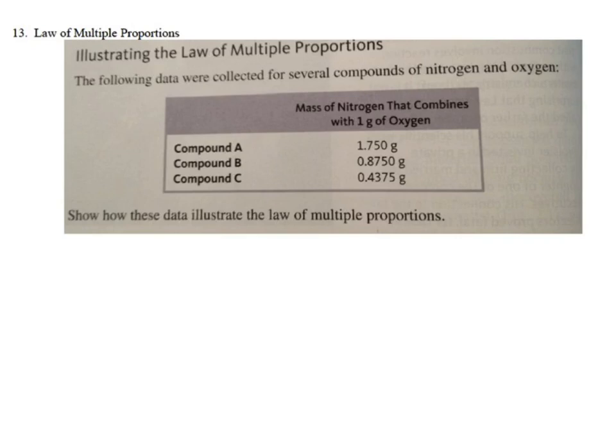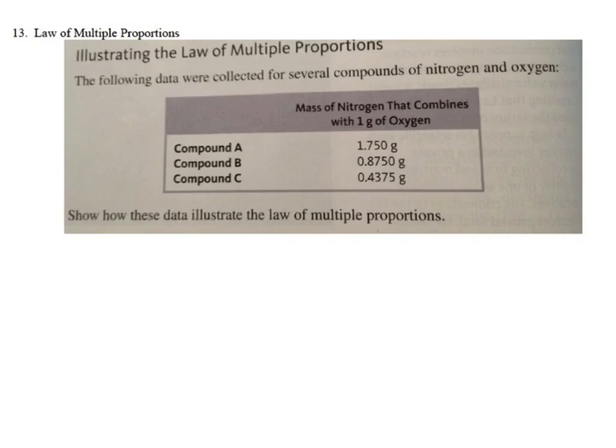So let's take a look at the law of multiple proportions. What this does is it takes our numbers, and we're looking at the grams, and we take our small whole number ratios, or we take it to a proportion. This is kind of like empirical formulas.